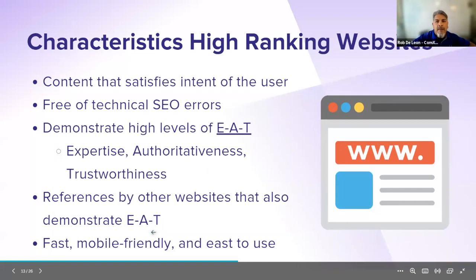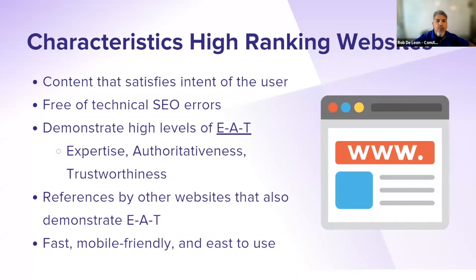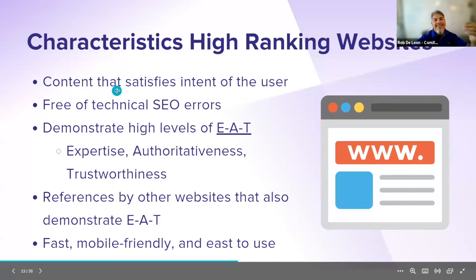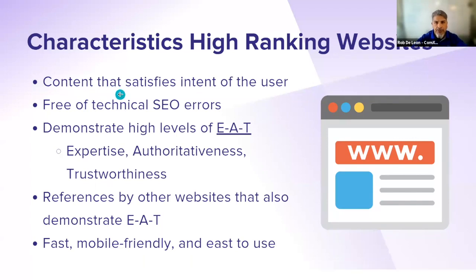Characteristics of high-ranking websites. The best characteristics of high-ranking websites are websites that have content that satisfies the intent of the user. How many times have you done your own search and you land on something and you go, oh, that's exactly what I'm looking for? And that's what we're talking about here, right? You want to match that intent.